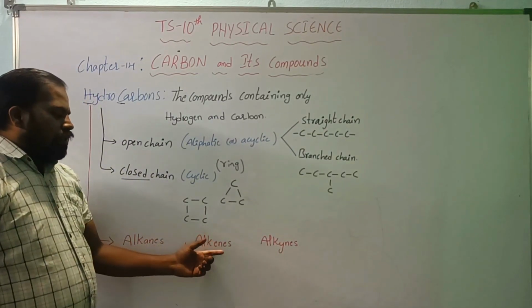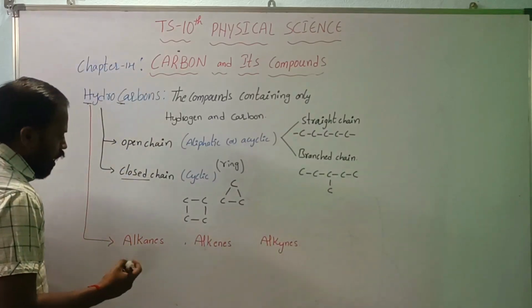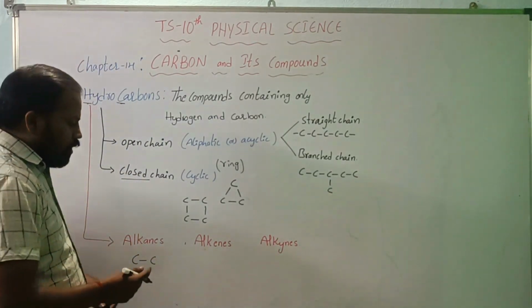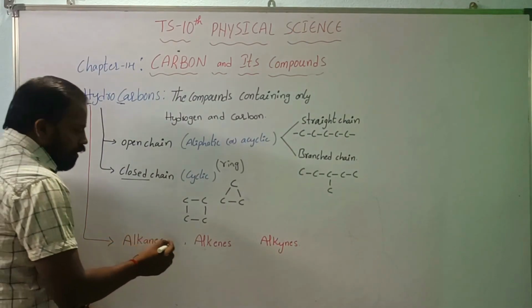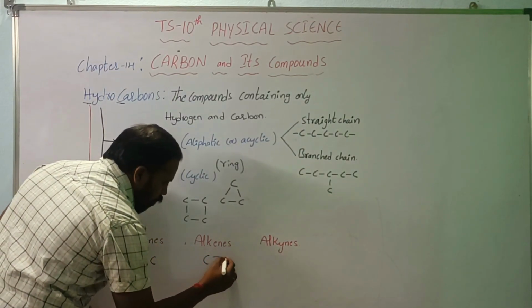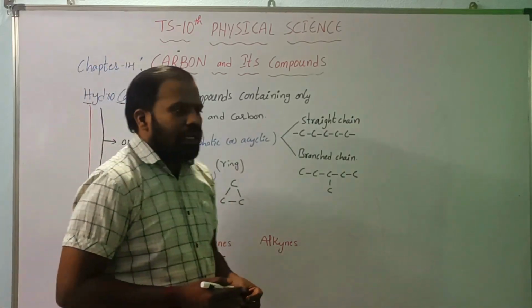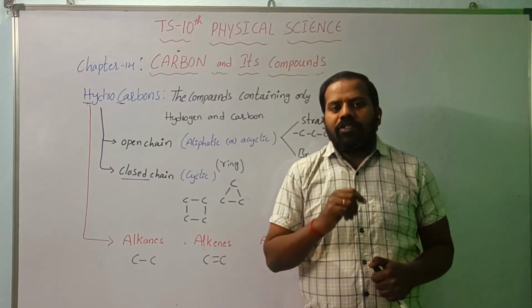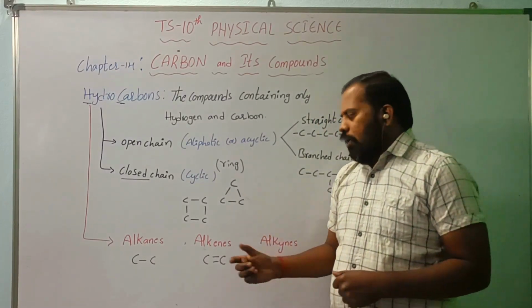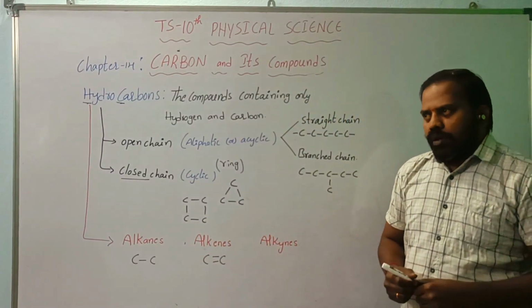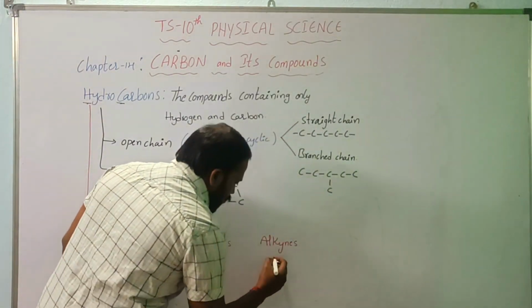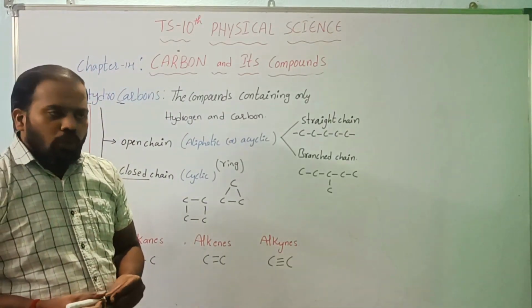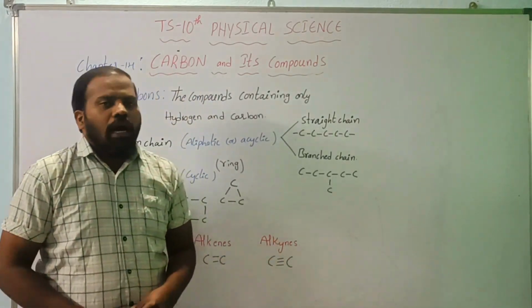One is alkanes: if there are only single bonds between carbons, those are named alkanes. If there is at least one double bond between two carbons in the chain, those are named alkenes. If at least one triple bond is present, those hydrocarbons are named alkynes.